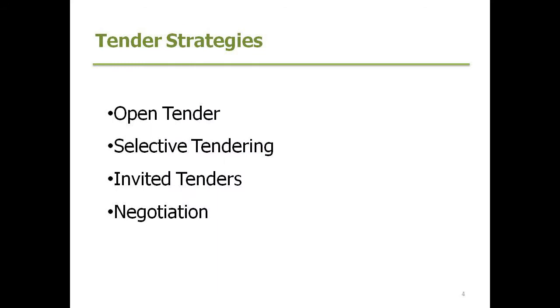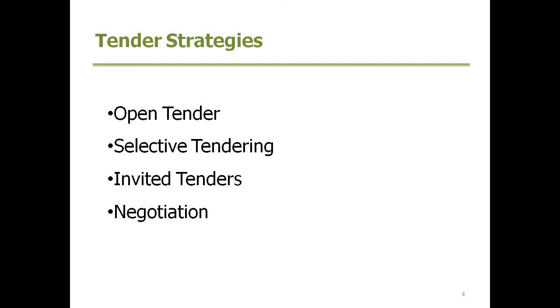Let's also consider the tender strategies here before we get too far in the documentation. There's 4 main types of strategies that we can use going out to tender with the documents and asking or calling for prices. And they vary really on the amount of time that's available, the specialty of the project at hand.